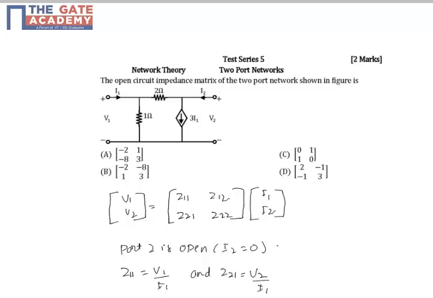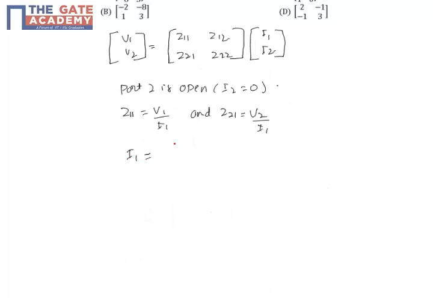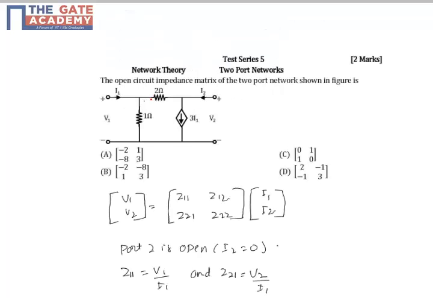Now if you look at this circuit, I1 is equal to this current plus this current. Now what is the current through this 2 ohms resistor? It is equal to 3I1 because I2 is equal to 0.